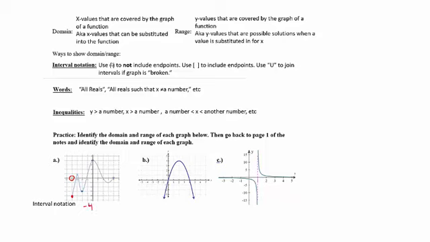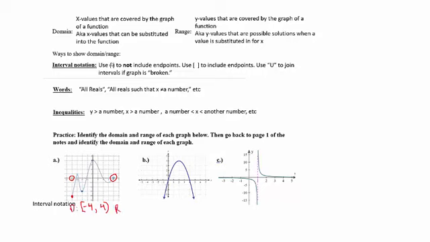And because it's a solid dot, we're going to use a bracket. If it was open, you'd have to use a parenthesis. And then you're going to just put a comma. So you're going to tell me that graph covers all these x values up until right here, which is +4. But this time the circle's open at +4, so you're going to leave it as a parenthesis. So that's interval notation, and then we'll just write D for domain.